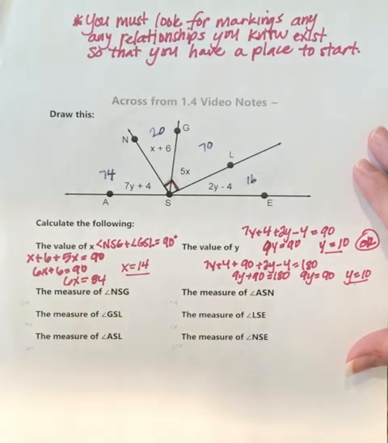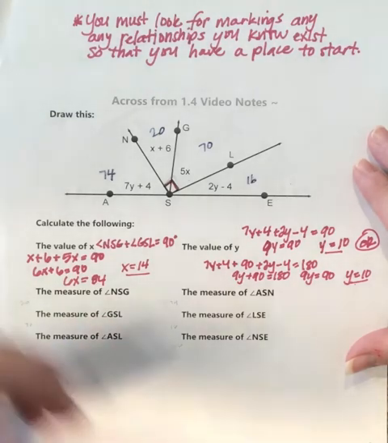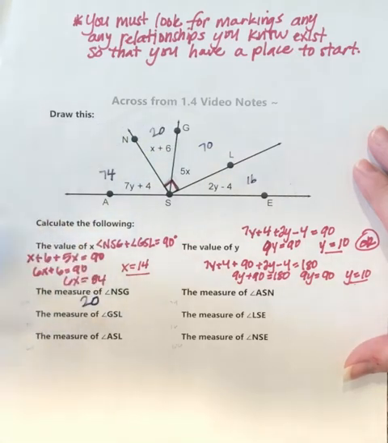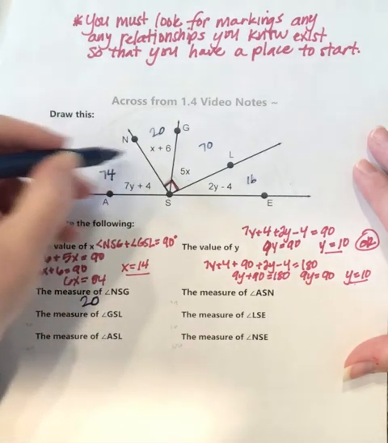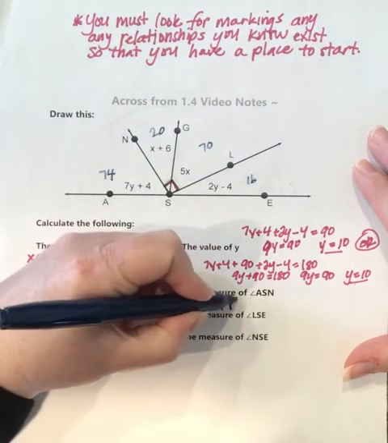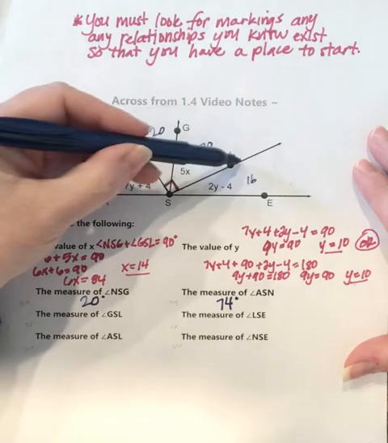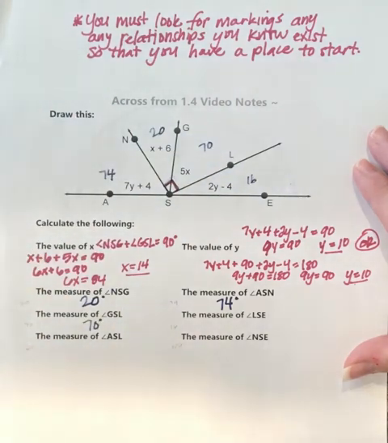So now to figure everything out, I'm just following the letters. The measure of angle NSG was 20. The measure of angle ASN, that's this, 74. I'm going to put my little degree signs. The measure of angle GSL, that's this right in here, so that's 70 degrees.